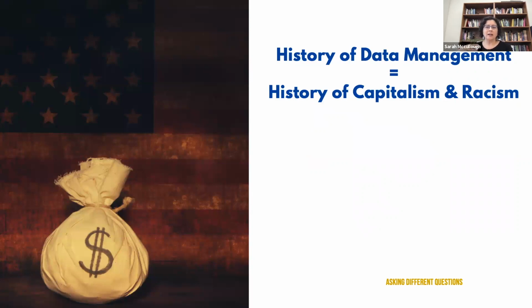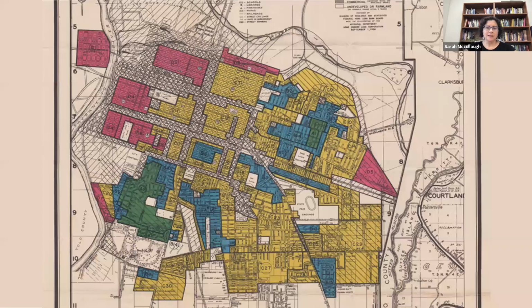The second history I want to lay out briefly is the relationship between the history of data management and the history of capital and racism. And one really great example to help you understand this relationship is redlining.